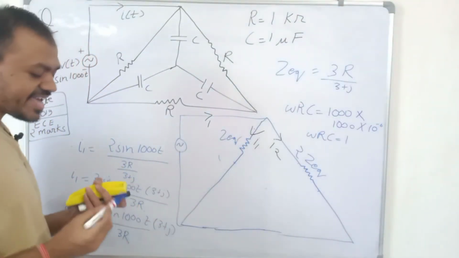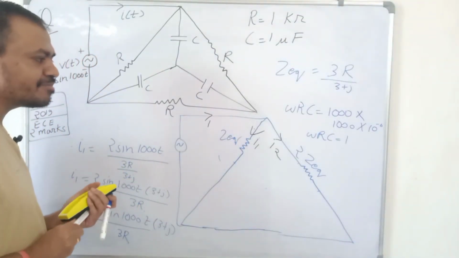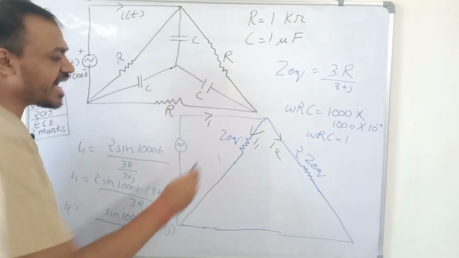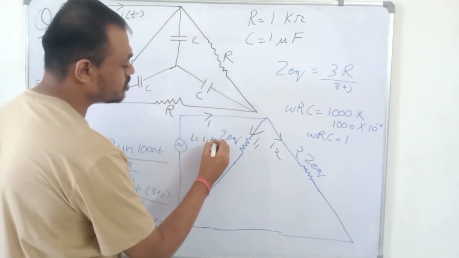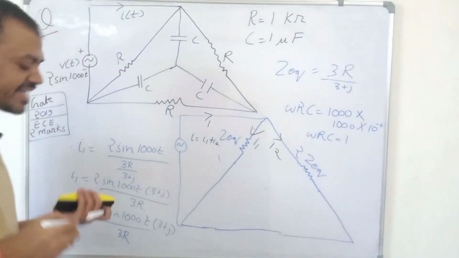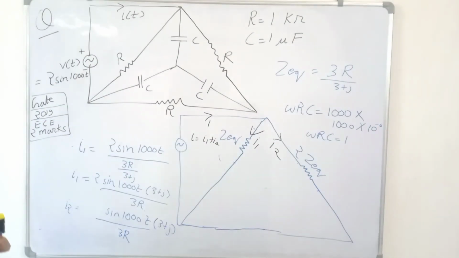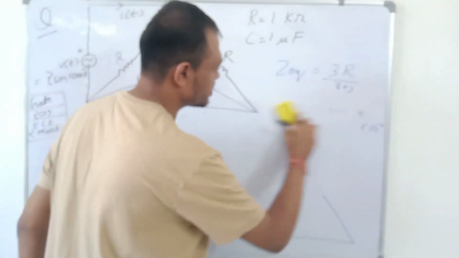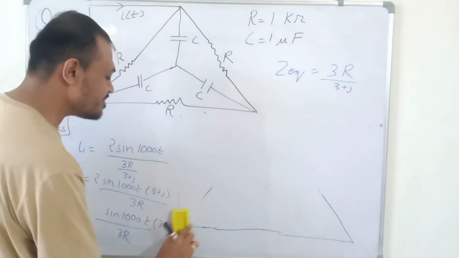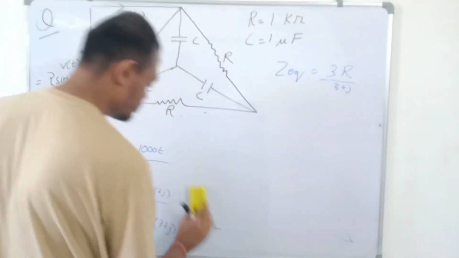So the value of current I is equal to I1 plus I2, because I is getting divided into I1 and I2. Now we can find I by adding I1 and I2.